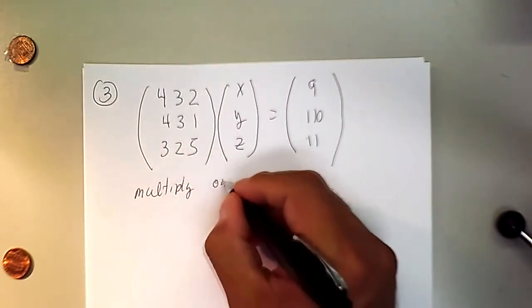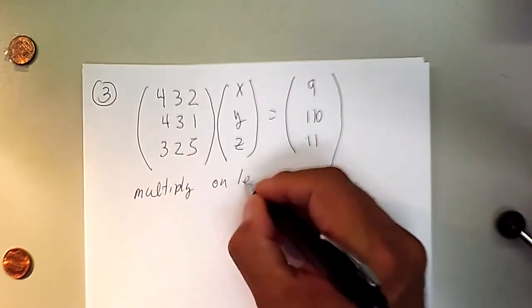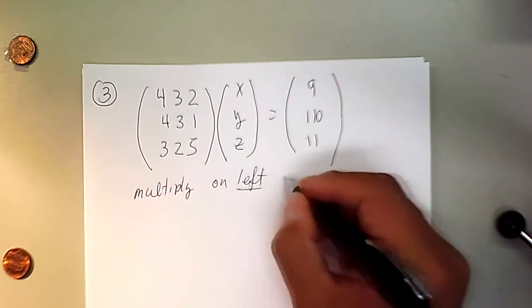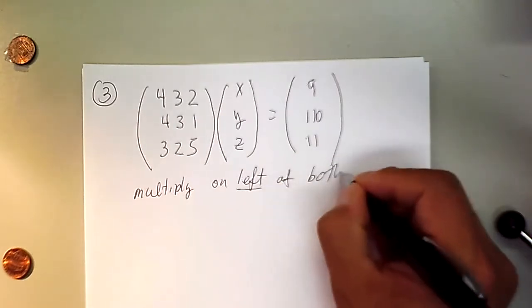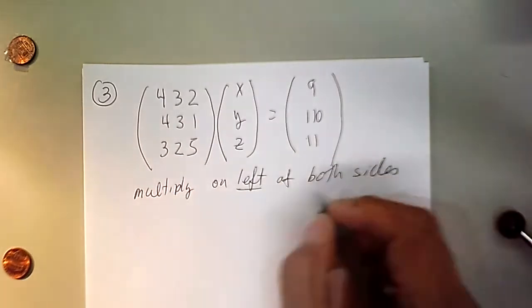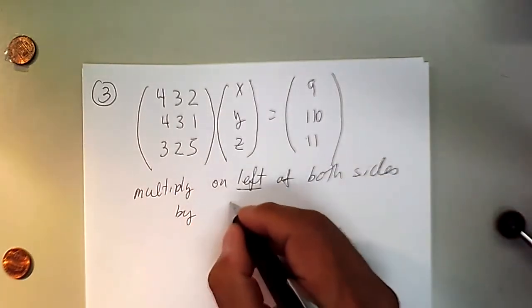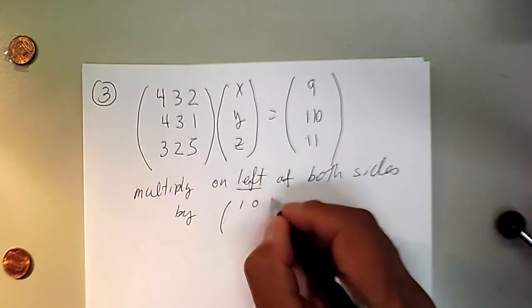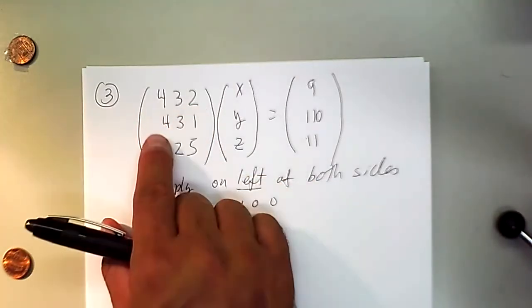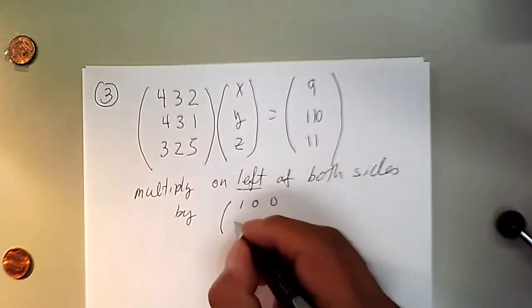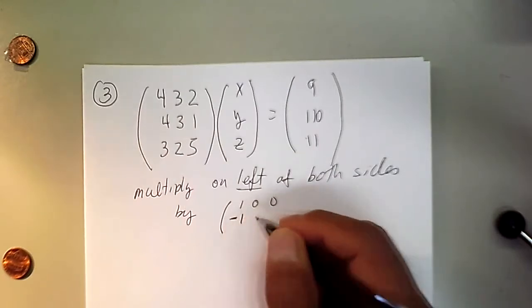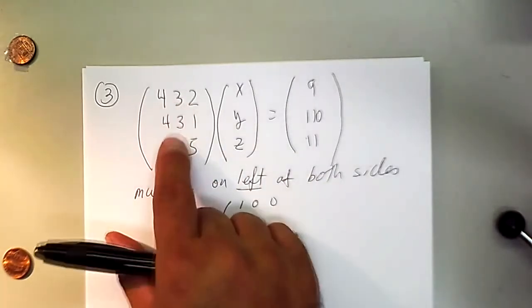So we're going to multiply on the left, that is very important, of both sides by 1 0 0. That means we don't want to get rid of this guy, and we want to take away the first row from the second row.